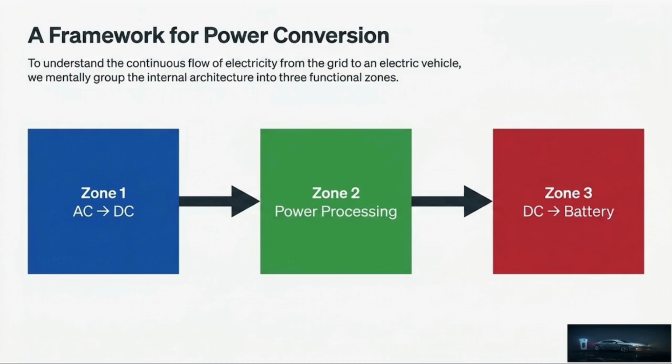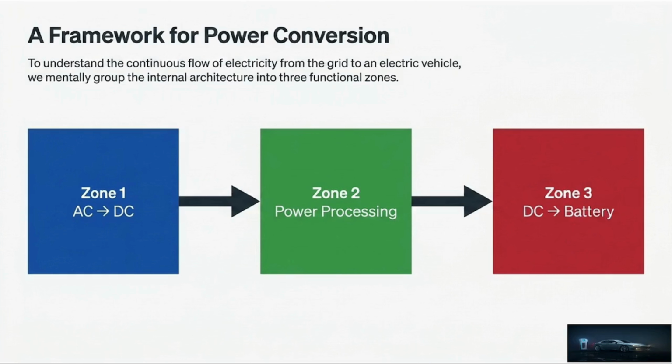Here we are controlling, switching and transforming the electrical power. And the last zone is DC to battery. Here we produce the final controlled DC power required by the EV battery itself.